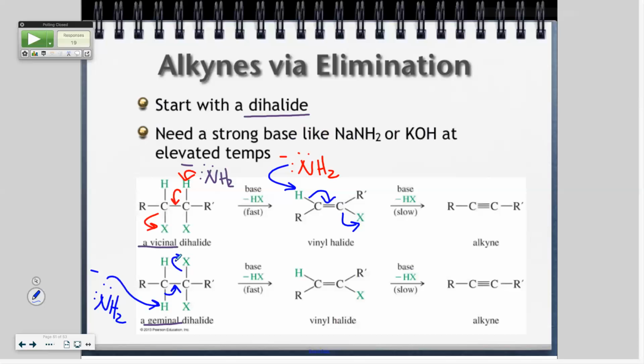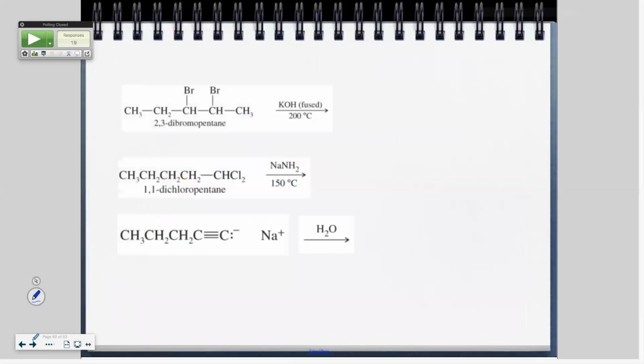That looks familiar? Same as that one. Then the next one happens. So the halogens need to be on adjacent carbons or on the same carbon. So it needs to be geminal or vicinal. I'm sure we have examples. If we don't, I'll make some up. Okay, here we go.